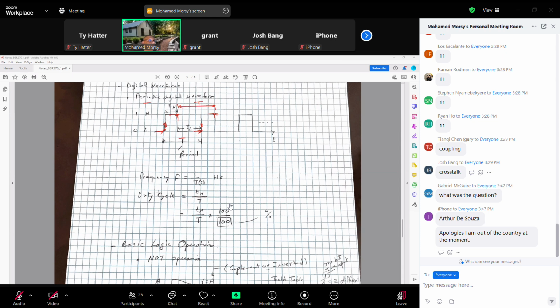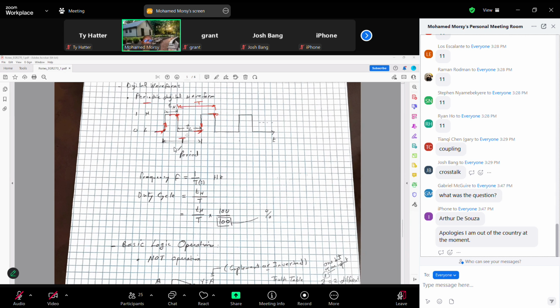Duty cycle is defined as follows: you see this time interval where the bit is at logic high, and this time interval where the bit is at logic low or 0, and the total from here to here, as we mentioned, is big T. Big T is T high plus T low.